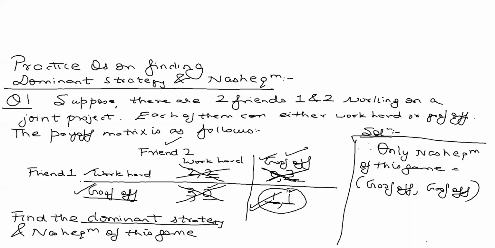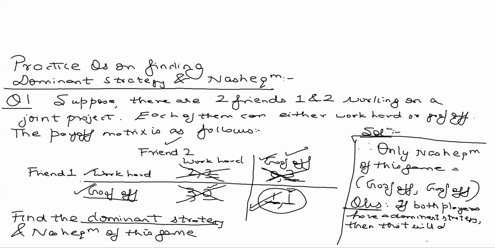What do you observe? Look at the very important observation. If both the players have a dominant strategy, then that will also be the Nash equilibrium.